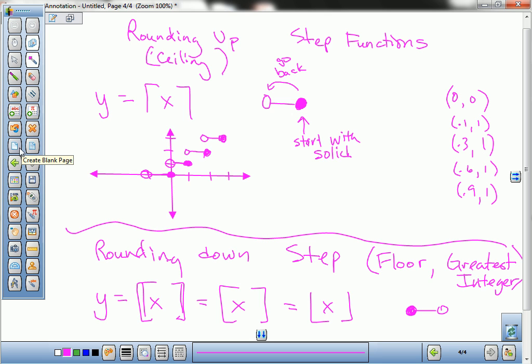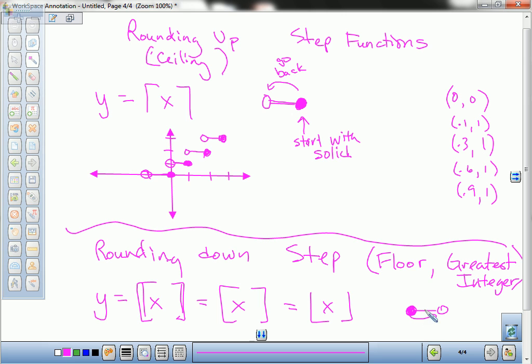So we get our same little barbell, but our closed is in a different spot. We start with the closed, we go back to the open. Versus this one, we started with the closed and we went over to the right to the open. See the difference? So it's just opposite.